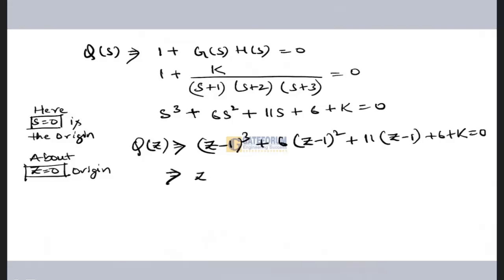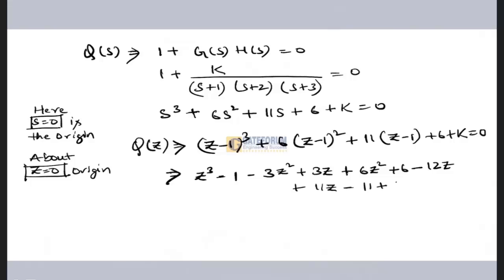So this will be z cube minus 1, (a minus b) cube is a cube minus b cube minus 3a square b plus 3ab square. So 3z plus, (a minus b) whole square is a square plus b square minus 2ab. So 6z square, then plus 6, then minus 2z, 6 into 2z is minus 12z, plus 11z minus 11 plus 6 plus K equal to 0.